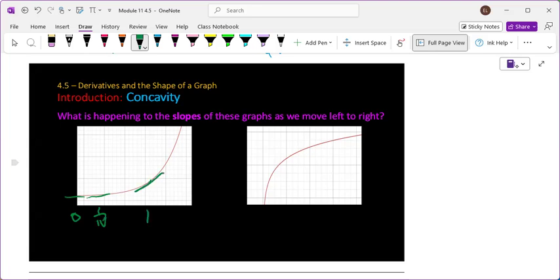Somewhere over here, we'll have a 1. Up here, it's probably like 5, versus here, this is like 10. Our 1 is probably around there, 1/2, 1/5. So the slope numbers along this curve are increasing. The slope numbers along the second curve are decreasing.